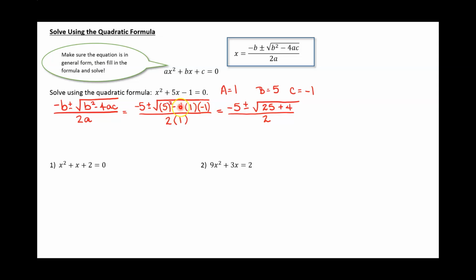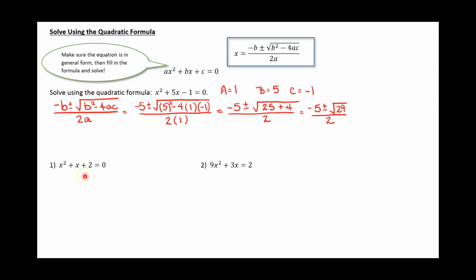So if I do -4 times 1, that's -4, times -1, that's +4. So 25 plus 4 would be 29. That's definitely a big difference from -21. That radical can't be simplified any further, so that is my solution.